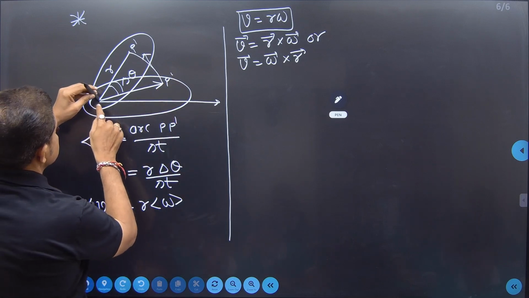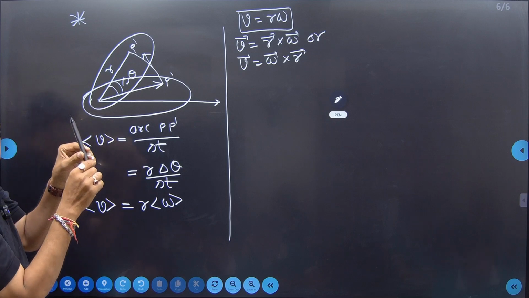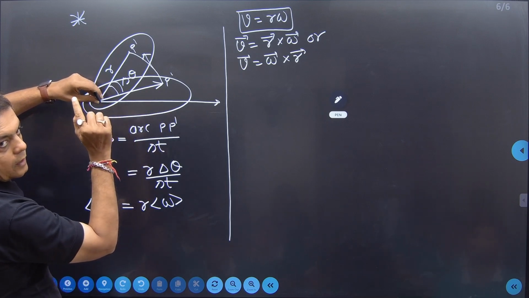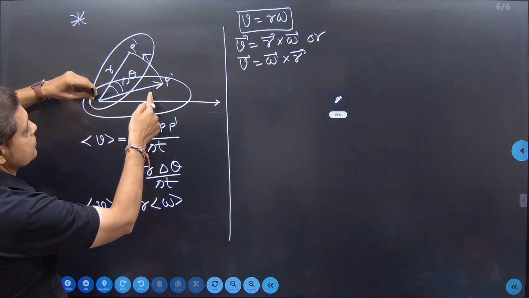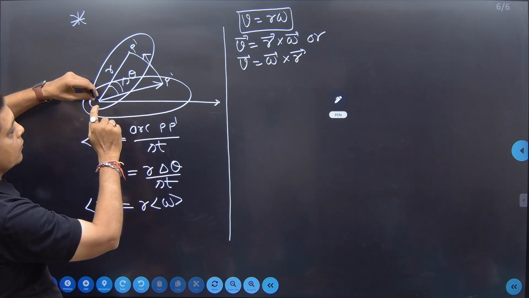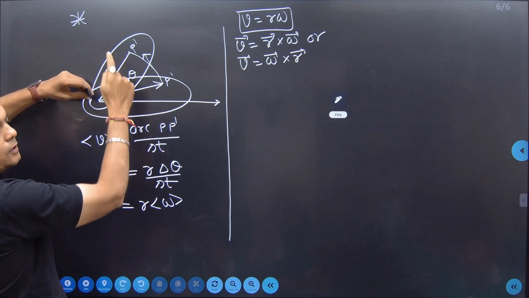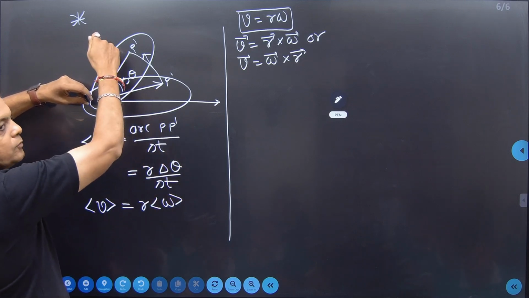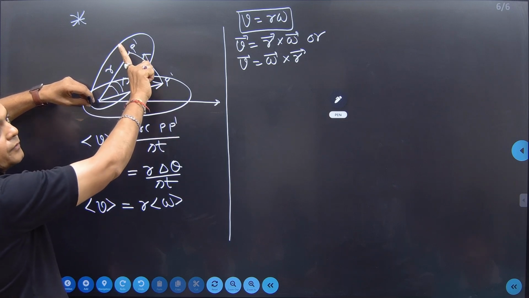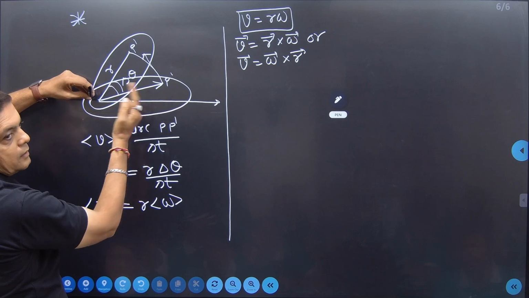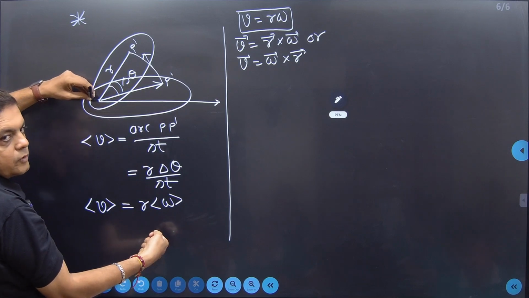If I represent both r and omega from the same reference point and find omega cross r, I rotate the screw clockwise, so it will move upward, which is the direction of v. But if I find r cross omega, anti-clockwise, the screw will move downward.